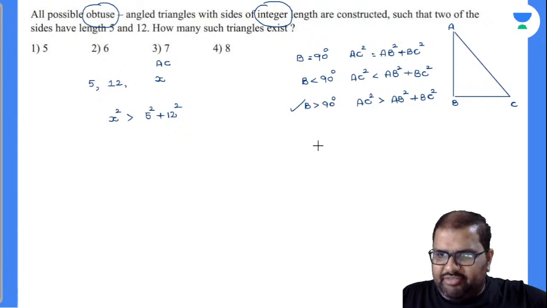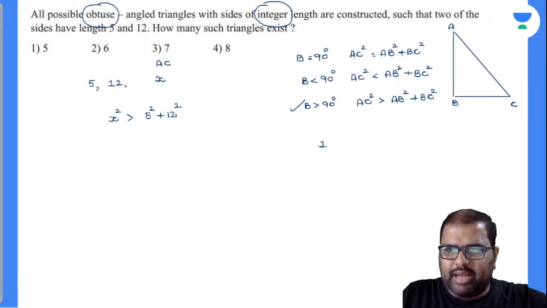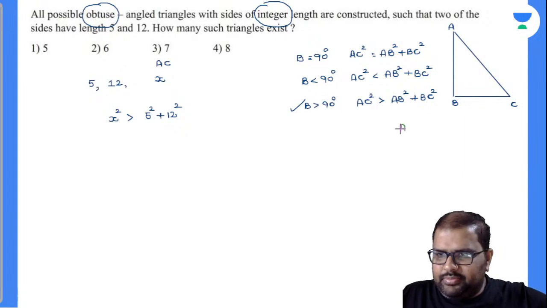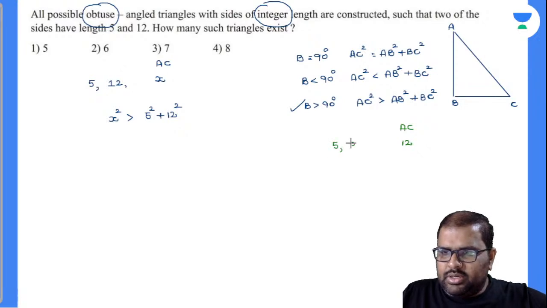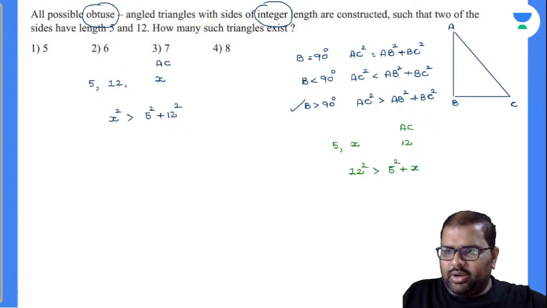Let us suppose 12 is the highest side. Certainly 12 has to be one of the highest. So if 12 is the AC value, the remaining two sides are 5 and x. So automatically 12 square has to be greater than 5 square plus x square. Am I right or wrong?